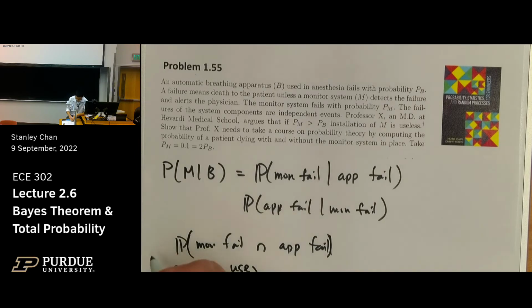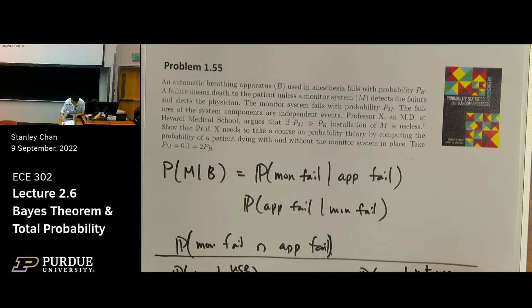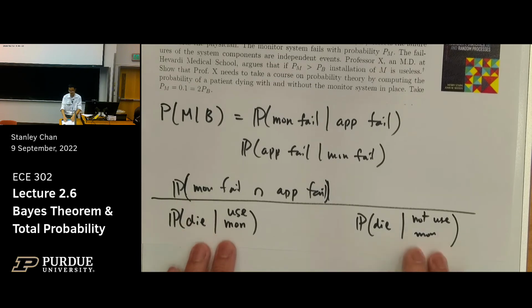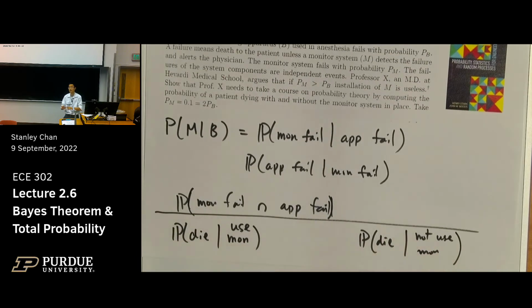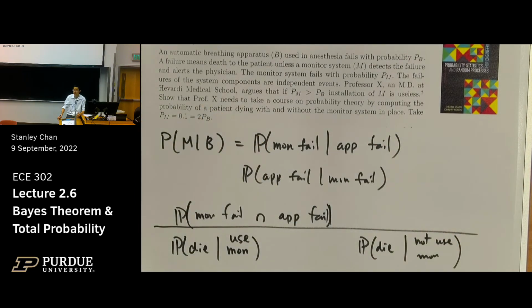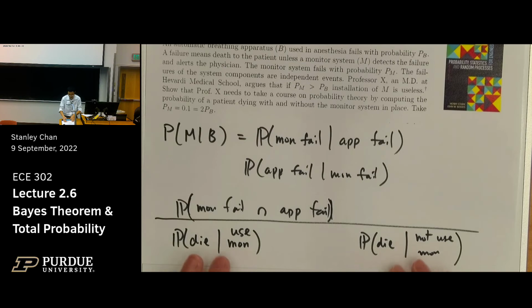And then we should look at the probability the patient dies when not using the monitor. This is actually the question that he's asking. So now of course we have these numbers. We haven't calculated them yet, but clearly these are the two probabilities that we should calculate.